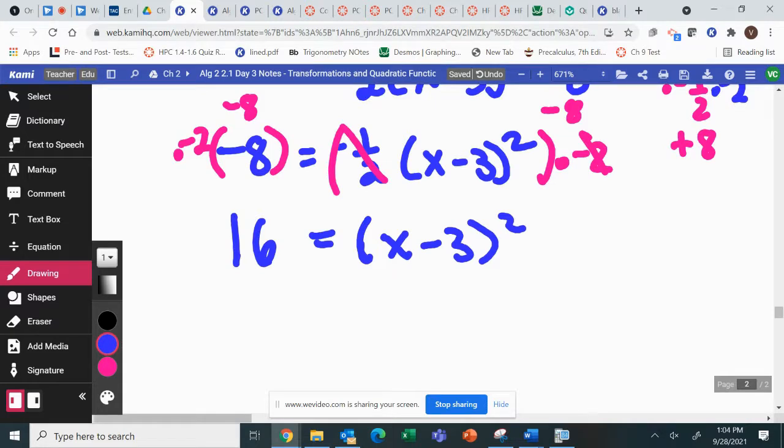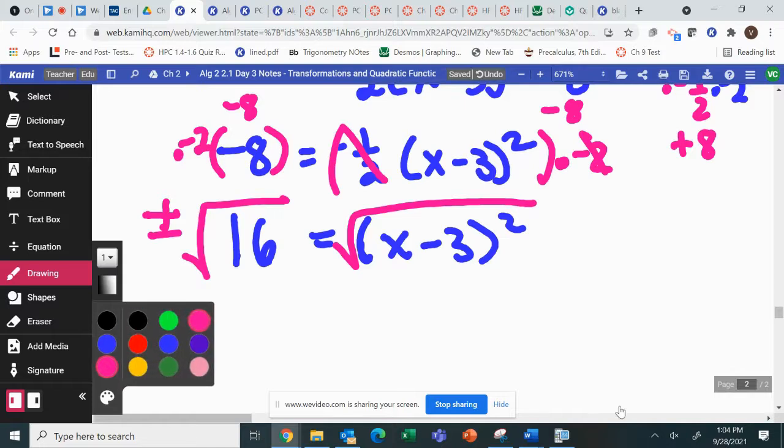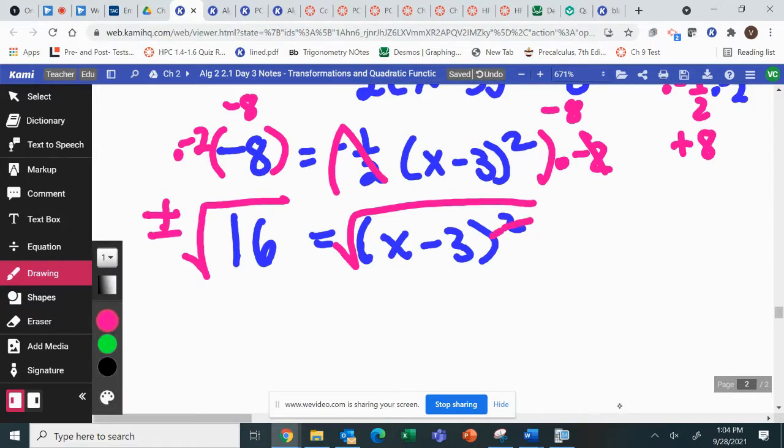Jacob, could you help me out on the next step? Square root both sides. Okay, and the plus and minus is 16 now. Yes. So my next step is plus minus square root. Got to do the plus minus. When we do the square root, the squared part and the square root undo each other.